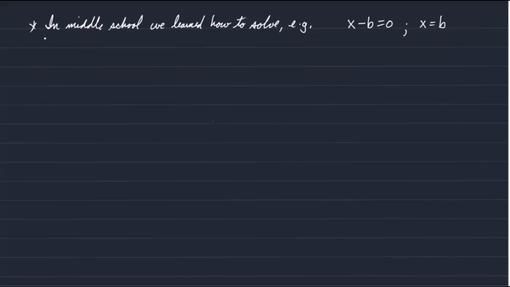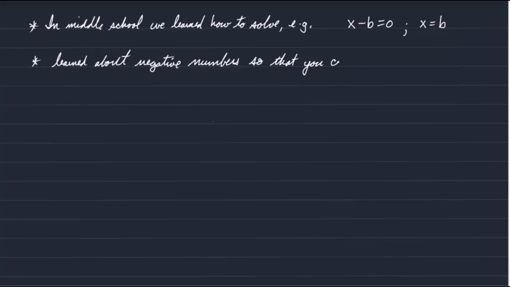And if b is a positive number, then we knew that x is also a positive number. And about the same time, you learned about negative numbers, so that you can solve equations of this form.